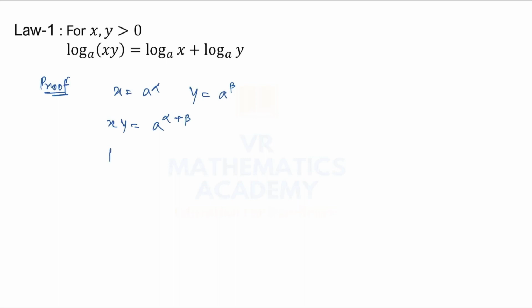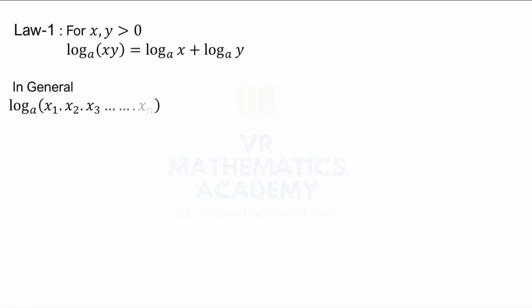According to the definition of logarithm, log of xy with base a will be equal to alpha plus beta. Now what is alpha? Alpha we can write as log x with base a, and beta as log y with base a. So this is the first law we have proved.